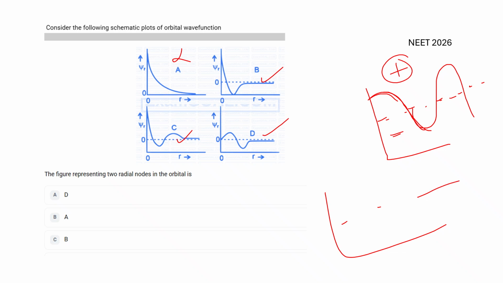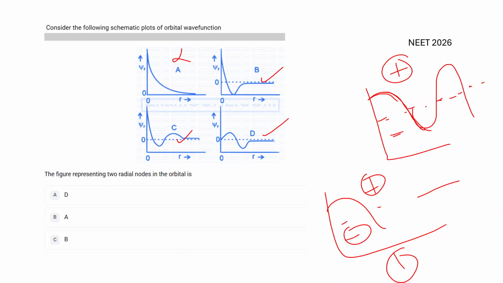This type of line has one change in sign, plus to negative, so there is one node. This is the way to calculate the nodes: how many times the wave changes its sign in the plot.